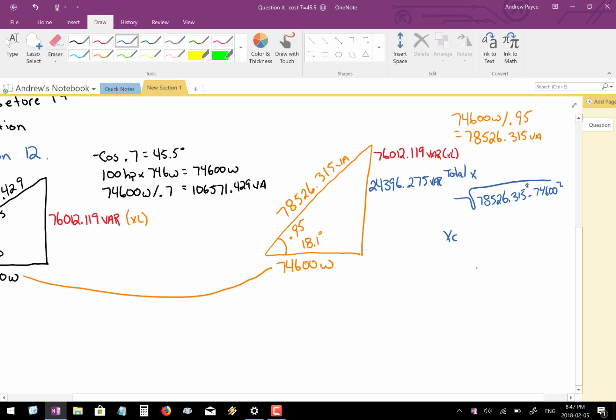Okay, the difference between XL and X total will give you your XC. Well, let's write that in a different color pen so you can follow.